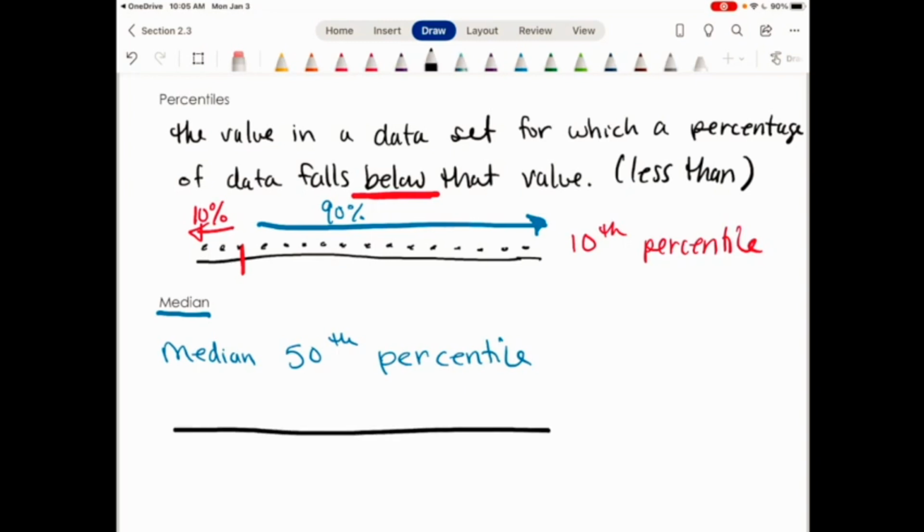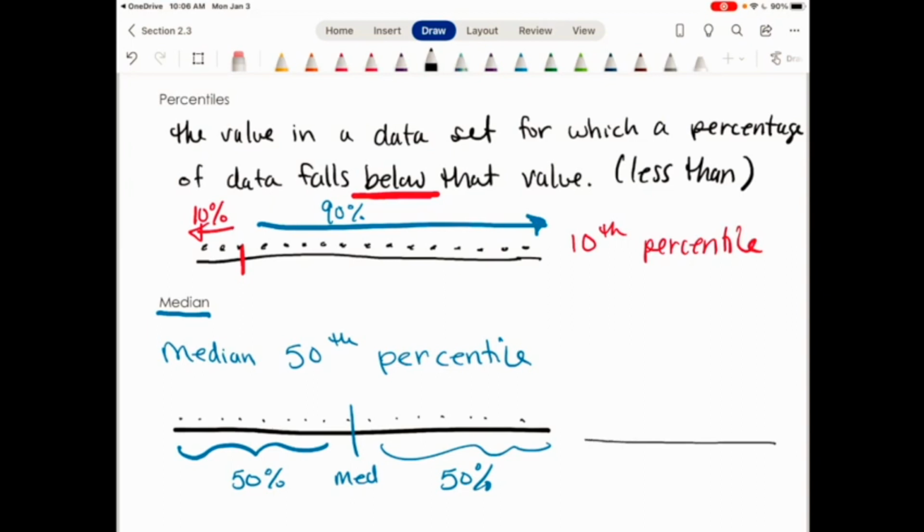If you imagine this line and you're listing out all your data values, if I were to split the data set in half, that would be the median, where 50% of those data values lie below and 50% above. Now also keep in mind, because this can kind of throw you for a loop here, the median doesn't necessarily have to lie in the middle of the data set in terms of distance on the number line.